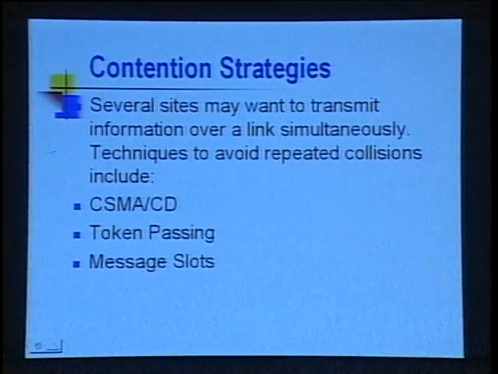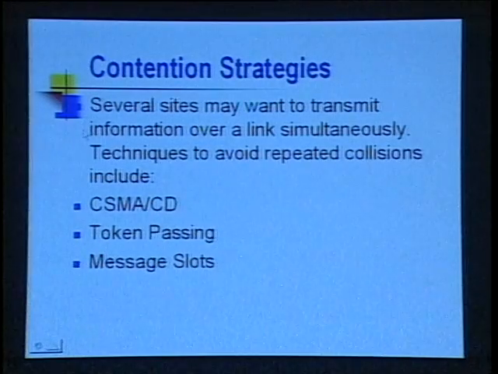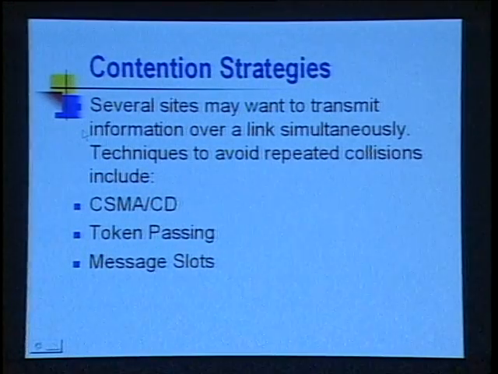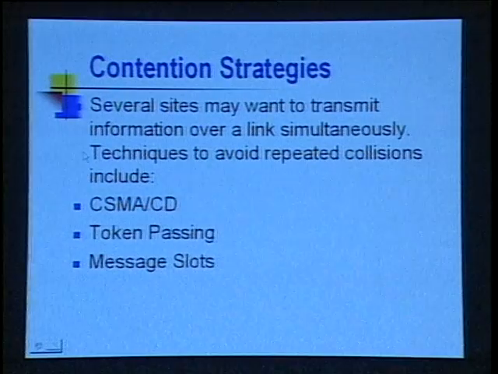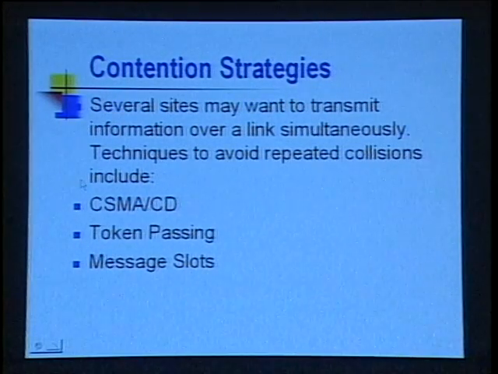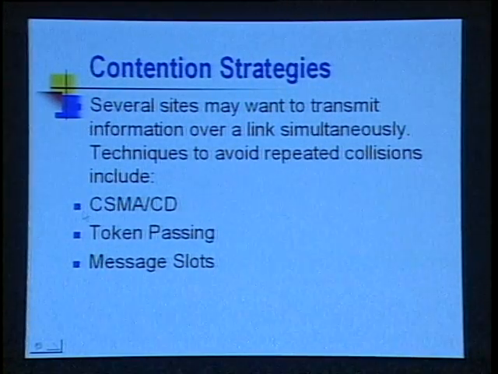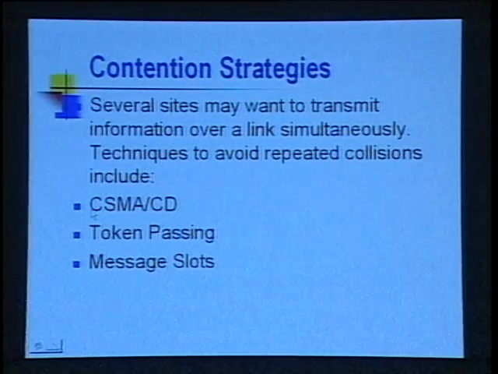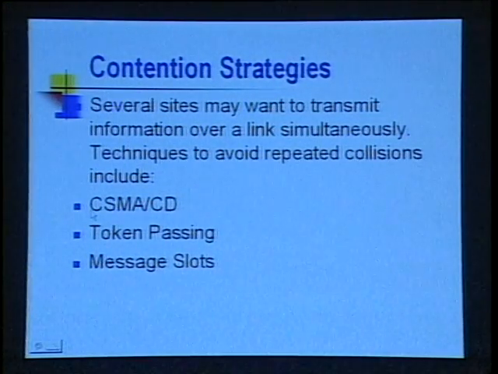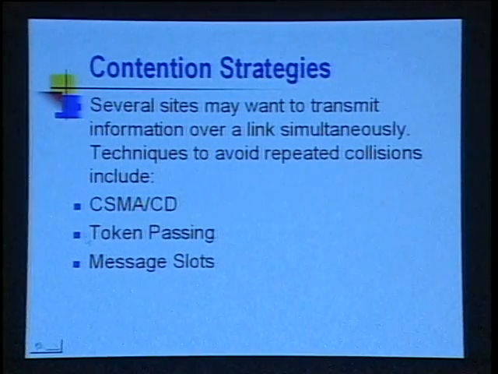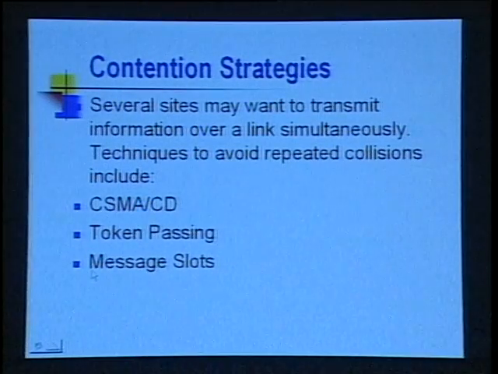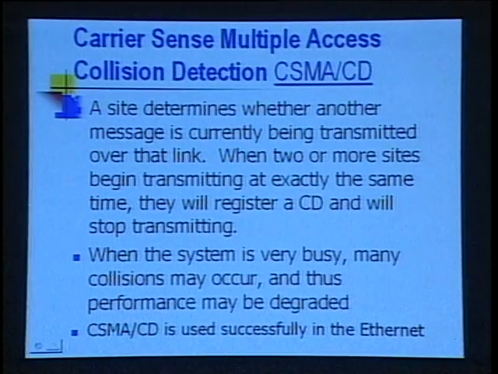As I discussed, several sites may want to transmit information over a link simultaneously, and there are a number of techniques to avoid repeated collisions, including CSMA/CD, that is the carrier sense multiple access with collision detection mechanism, the token passing mechanism, and message slots. In CSMA/CD, a site determines whether another message is currently being transmitted over that link.